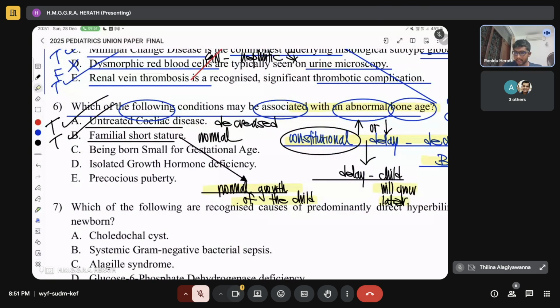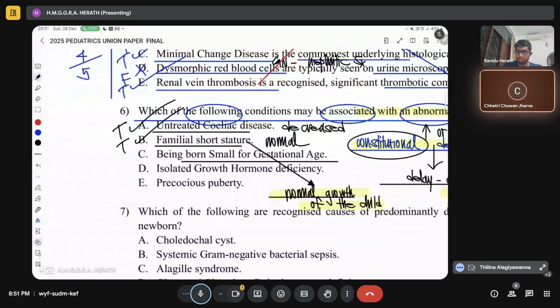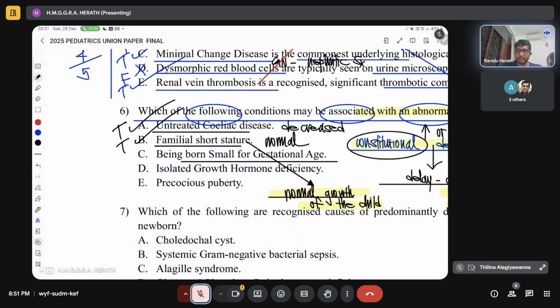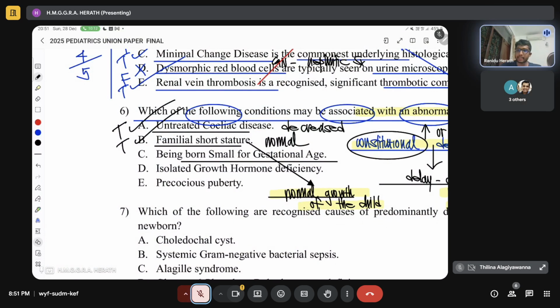Understood the difference? Yes. Okay. So being born small for gestational age. In the constitutional delay, later on the child will catch up the growth, right? Yeah, but the child will not have catch-up growth in familial short stature.